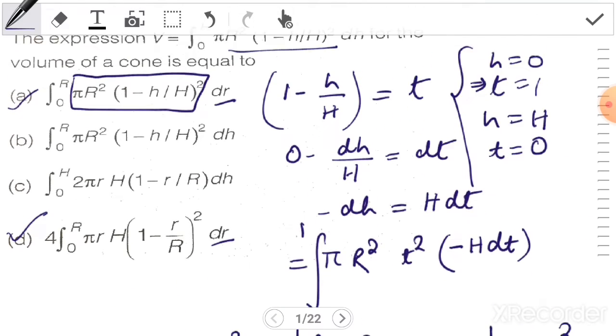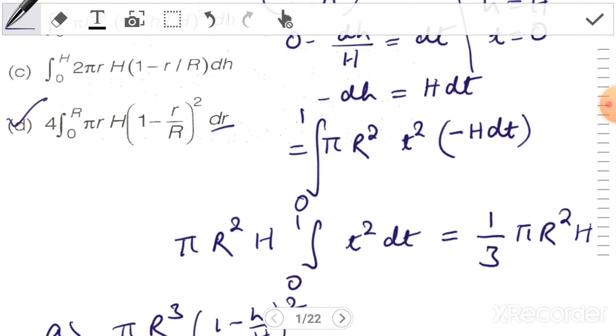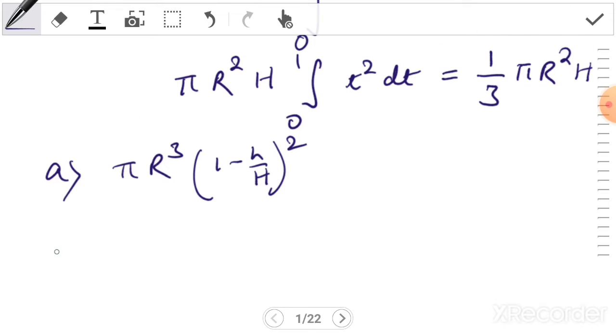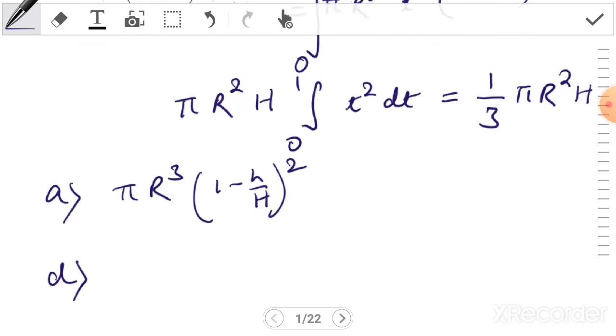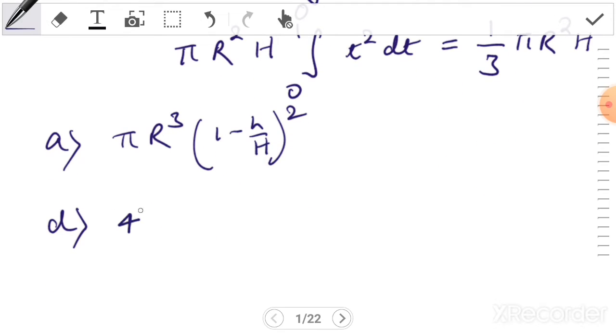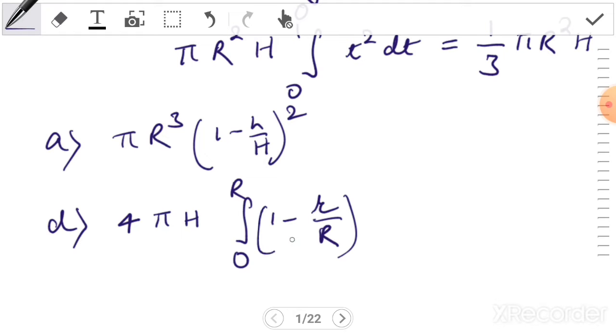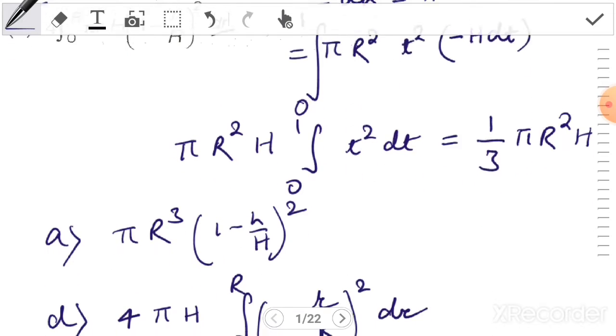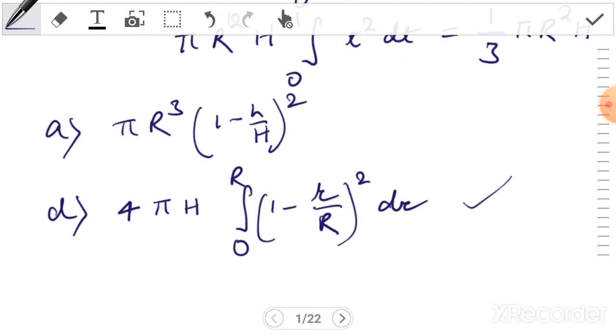Okay. So now let us check the option D. So option D is, so this is constant, and 0 to r 1 minus r by capital R whole square dr. Okay, so this option D can be rewritten as, okay.